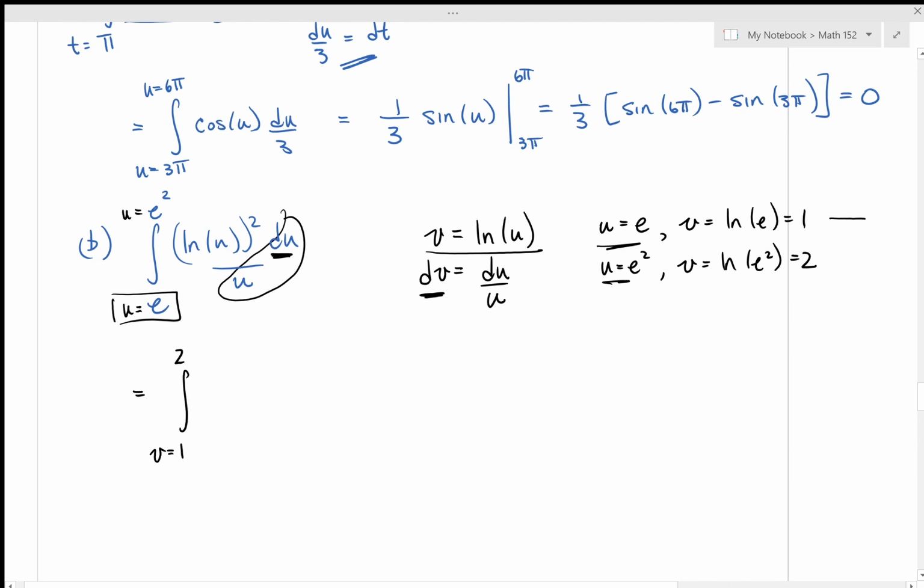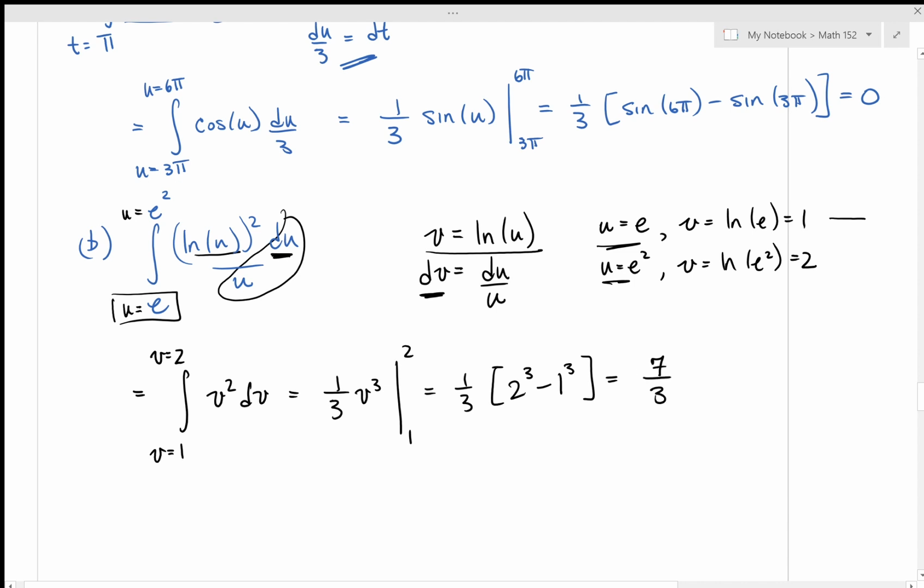When u is equal to e squared, v is equal to 2. I substitute here, log u is v, so this is v squared, and then du over u is dv. So this becomes 1/3 v cubed, evaluated at 1 and 2, and that is 1/3 times 2 cubed minus 1 cubed, and that is equal to 7 over 3.